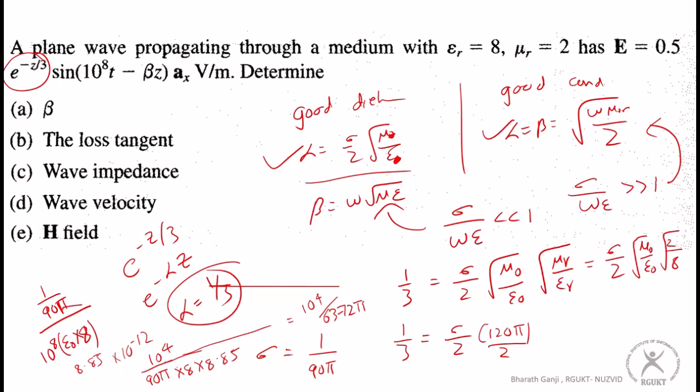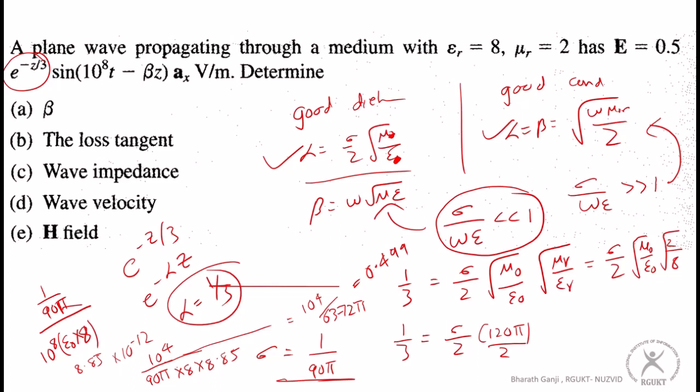So if you solve it, you get an answer which is 0.499. Okay, so it is a number which is less than 1, right? So this says that sigma by omega epsilon is in fact less than 1 if you take sigma as this value. So our guess is right. So the material is a good dielectric material.